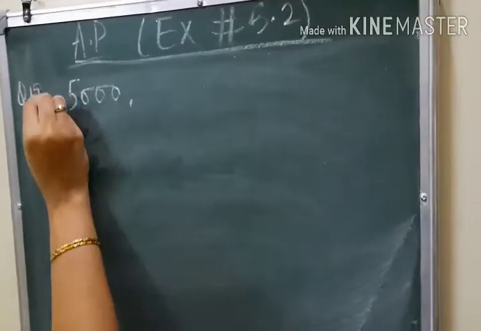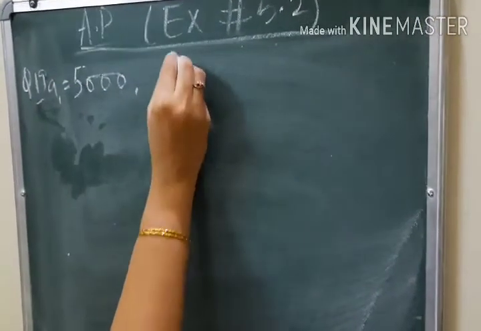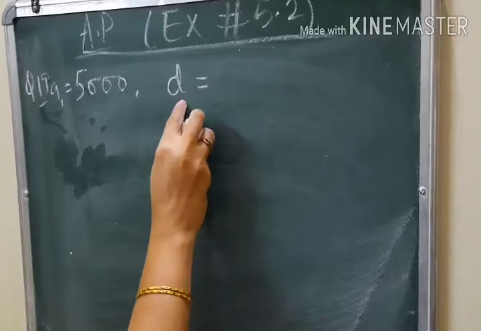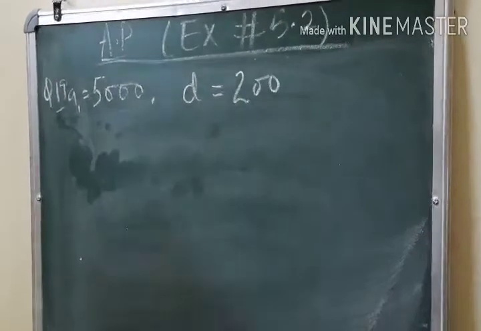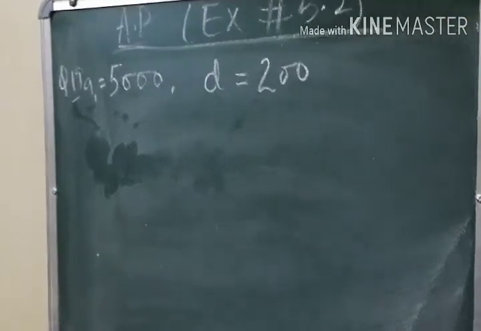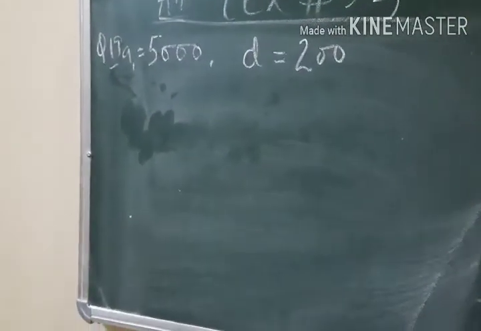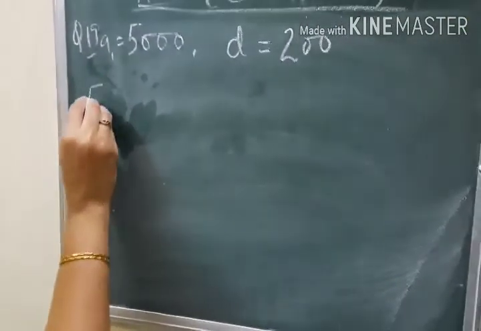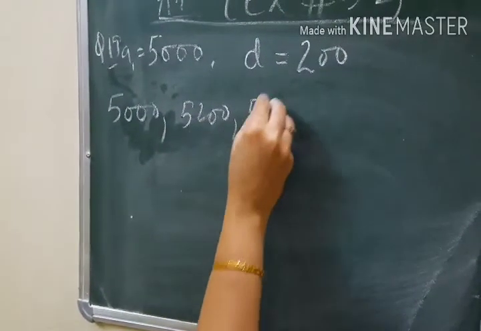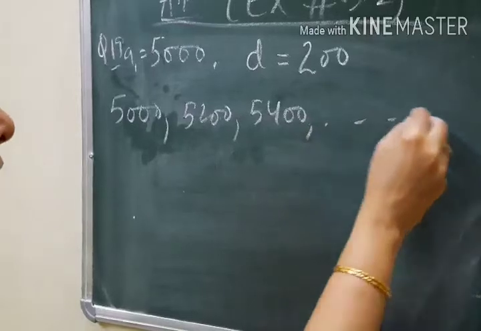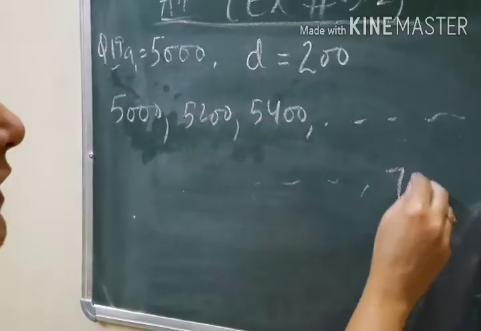That means this is your A1 and every year it is increasing means this is an increment. So this will be counted as D. So D is 200. In which year did his income reach 7,000? Like 5,000, then it becomes 5200, then it becomes 5400.